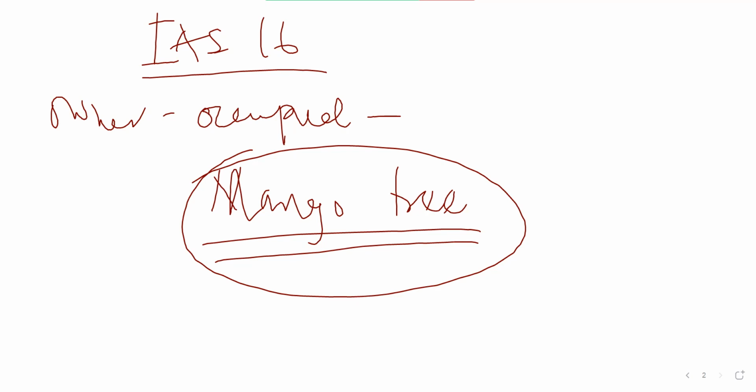We'll classify it as IAS 16. Why are you saying that? Because the mango tree is more or less like a plant, and its fruits will be classified under biological assets.